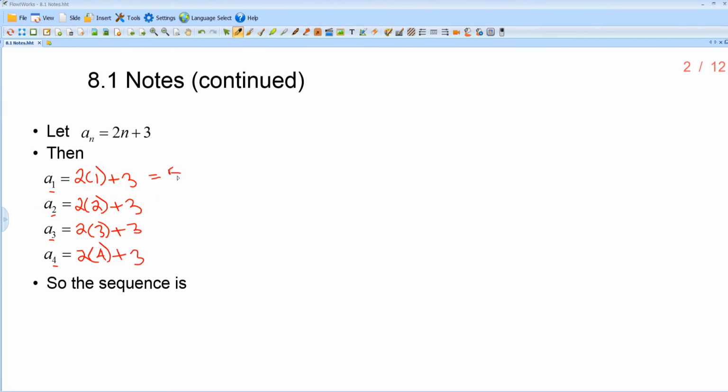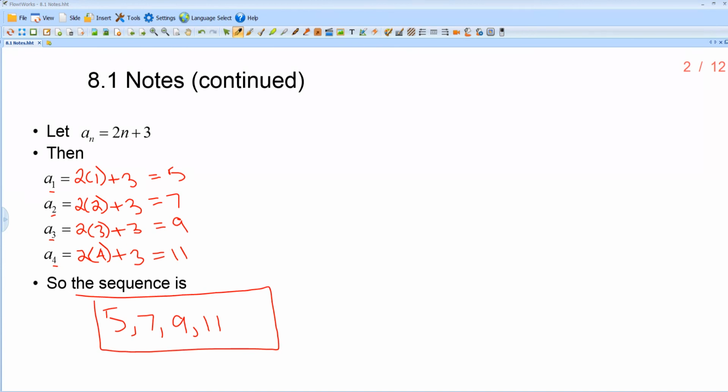So we're going to get 5, 7, 9, and 11. So our sequence is quite simply 5, 7, 9, 11. It does technically continue on after that, but we're only looking at these first 4 terms. Right, okay, easy. Everybody knows how to do that.